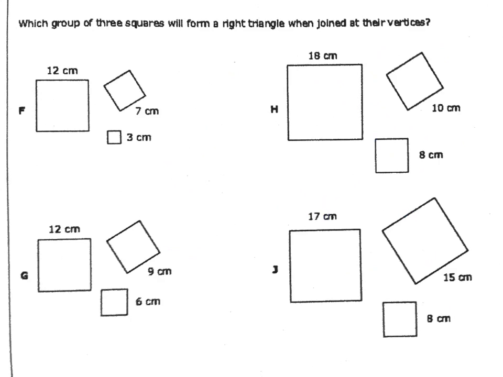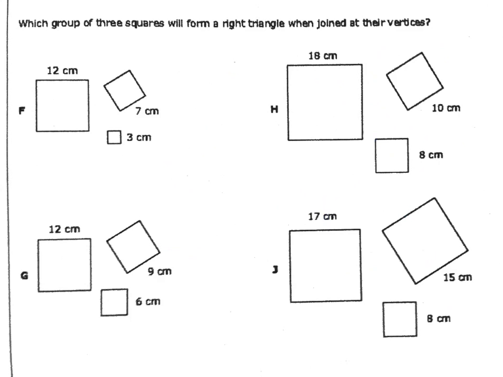So we have 4 answer choices here, F, G, H, and J. And it says which group of 3 squares will form a right triangle when joined at their vertices. So this is just like that practice problem we did just a little bit ago, where I gave you the lengths of 3, 4, and 5, and then you had to find the areas of the squares and add up the areas of the 2 smaller squares.